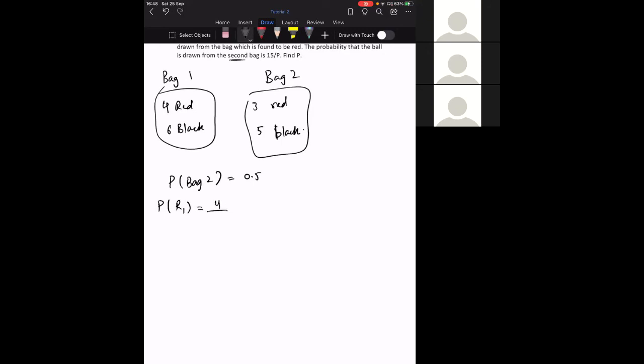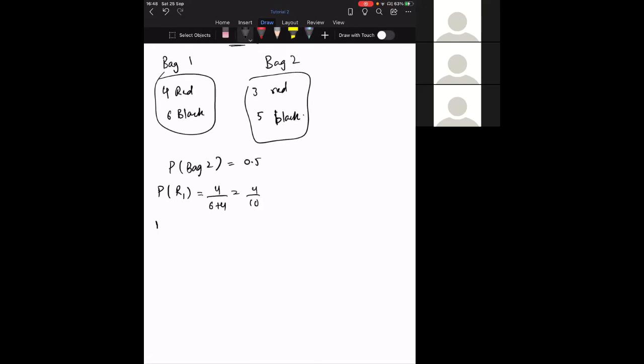We know that this is 4 over 6 plus 4, which is just 4 over 10. And the probability of R2 is equal to 3 by 8.